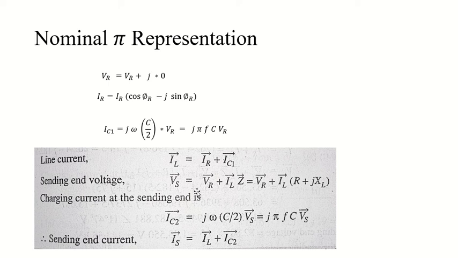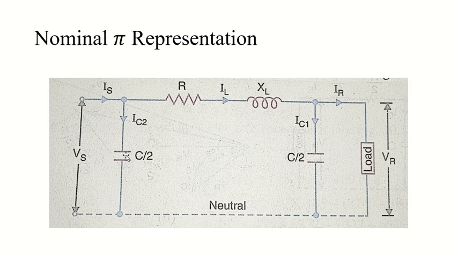Now to find the charging current at the sending end, what will it be? IC2. The value of IC2 will be j omega C by 2, same as IC1, but this time instead of multiplying with VR, it will be multiplied with VS, because it is associated with the sending end, right? See here, this one is IC1 and IC1 is associated with the receiving end.